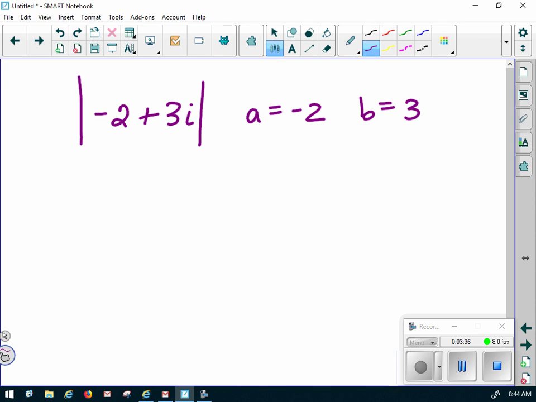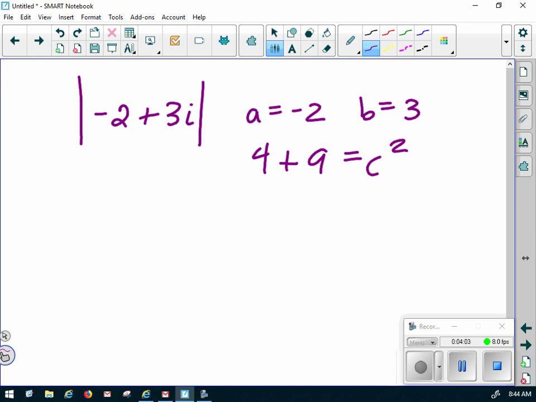What am I going to do to those? I'm going to use the Pythagorean theorem on those things, because I'm looking for the distance. So the Pythagorean theorem says a squared, what's a squared? Square it. Plus b squared equals c squared.